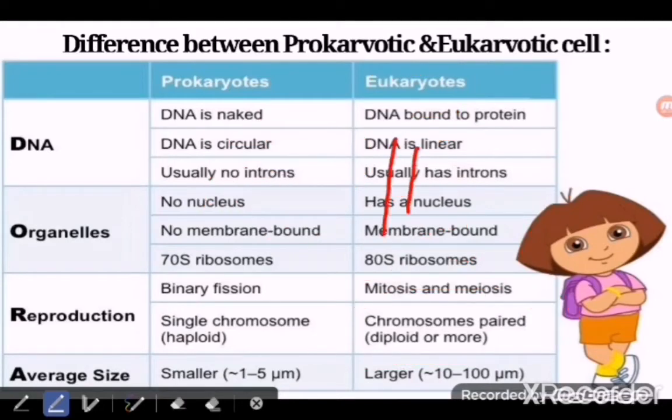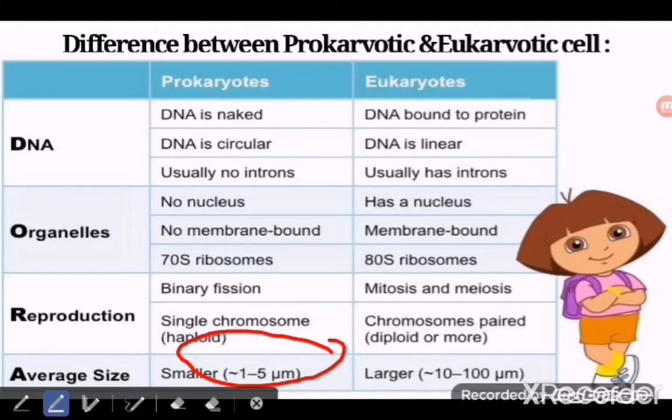These chromosomes look like pairs, which is why this is known as diploid. Average size is about 1 to 5 micrometer for prokaryotes, and about 10 to 100 micrometer for eukaryotes.